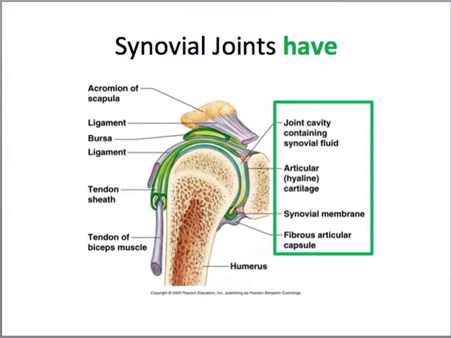We have one on the knee, we have one on the hand, and we have another one on the, let's see here, take a look real quick. There we go. And we have one on the shoulder, okay? So this is just showing you a cutaway of the shoulder joint.